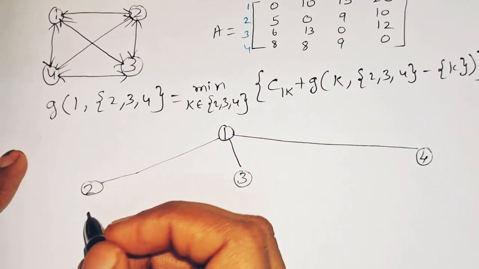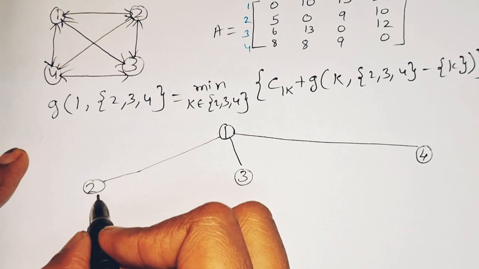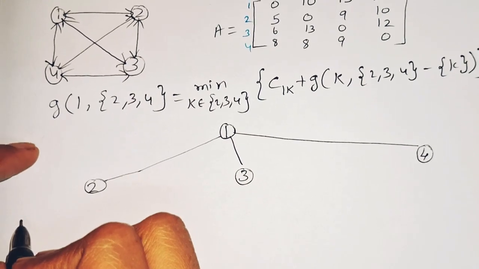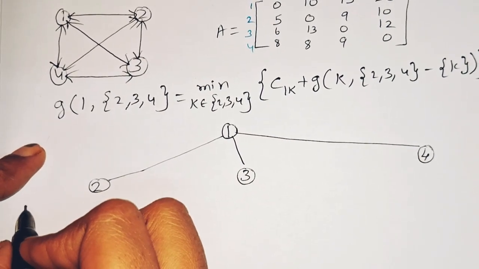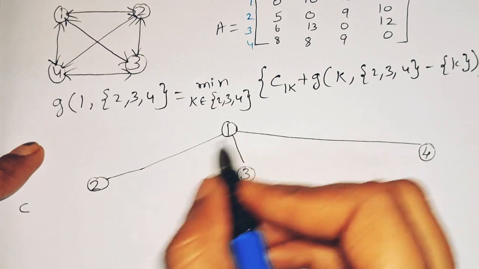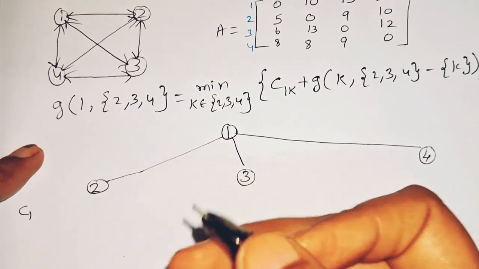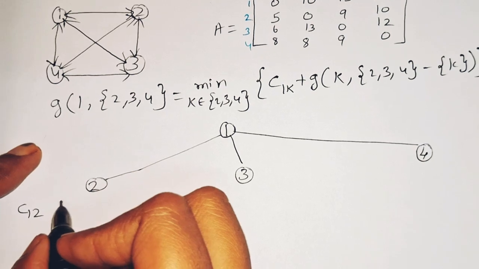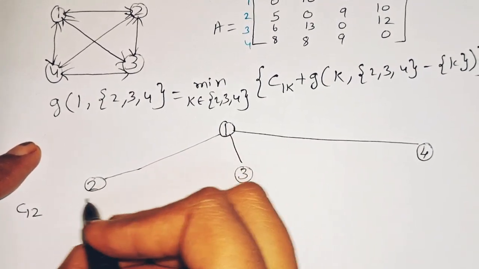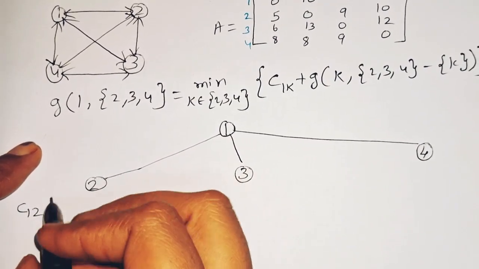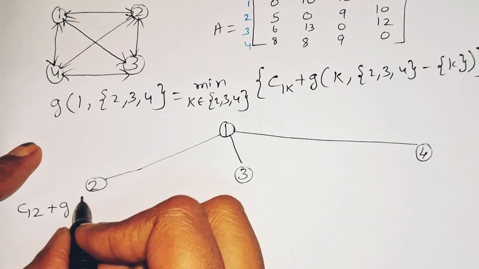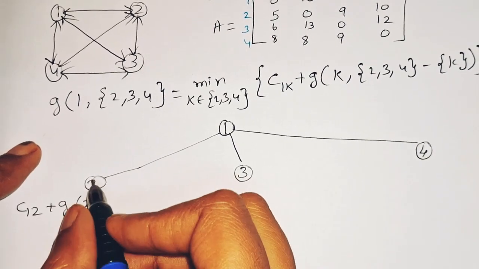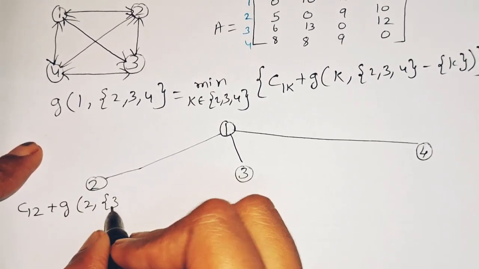First of all, write the formula for node 2. What is the node 2 value here? We have traveled from the source, that is 1, to the subproblem, 2, and then plus g of 2 comma {3, 4}.